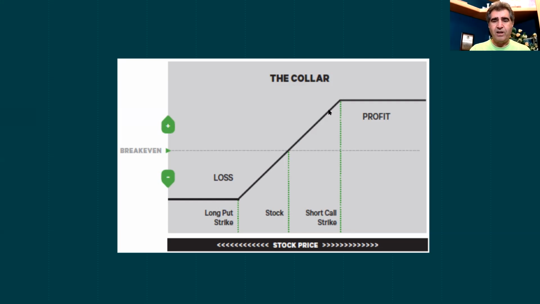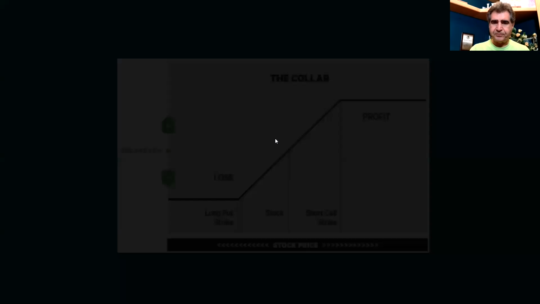You gain on your stock and you also collected that premium. That's the sweet spot. If it goes down here, depending on the debit, or if it was a break even, we'll talk about the zero cost collar, that also could be attractive, but the best price will be right around here.